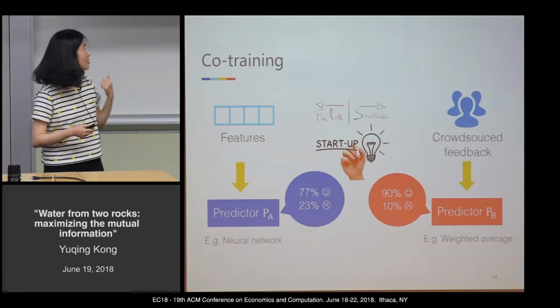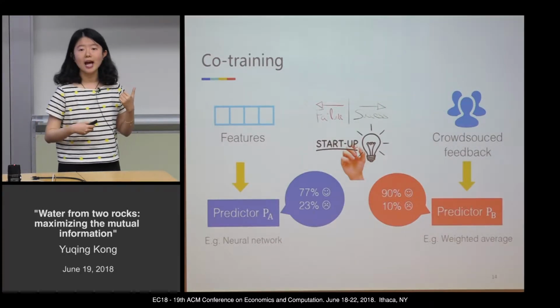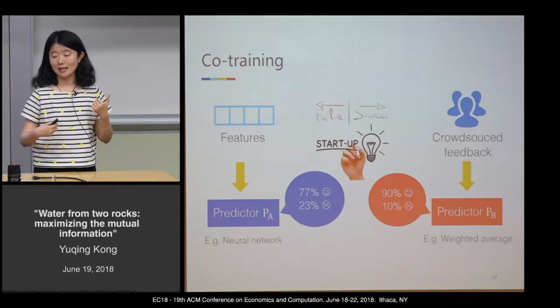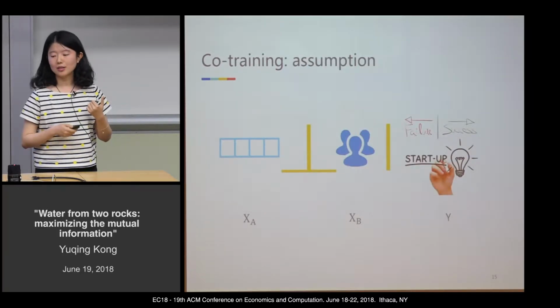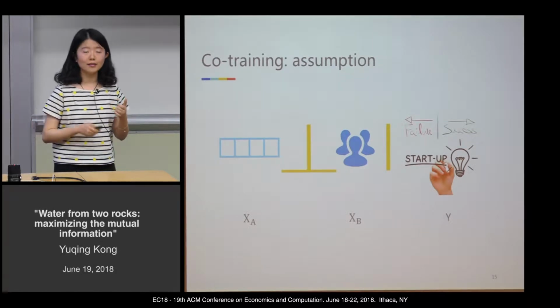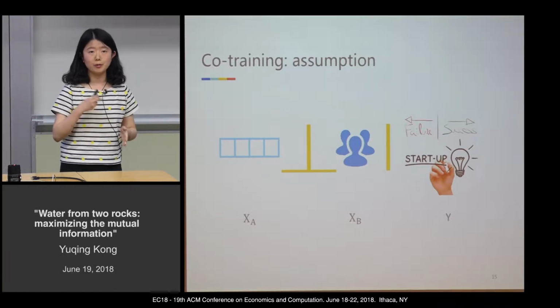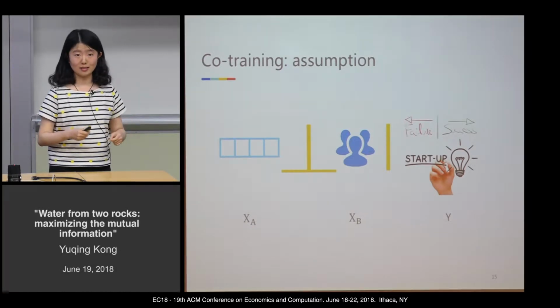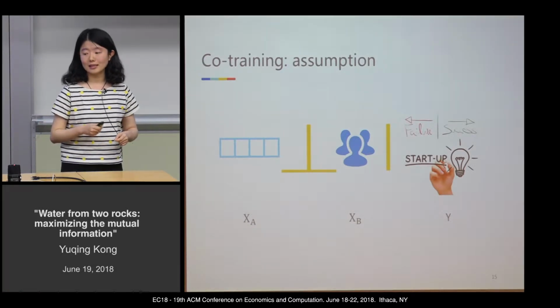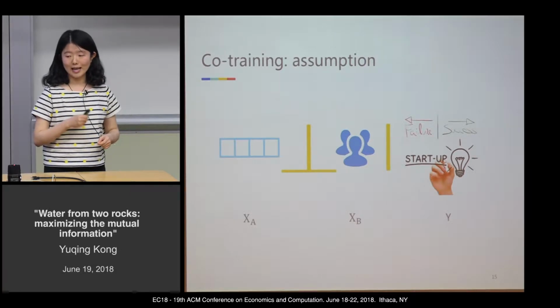We can think of the first predictor as some neural network, and the second predictor as some weighted average. The typical assumption in co-training is that, conditioning on the information we are interested in forecasting, the two views of the data are independent of each other. So it can be understood as the thing we are interested in being the intersection of the two views.